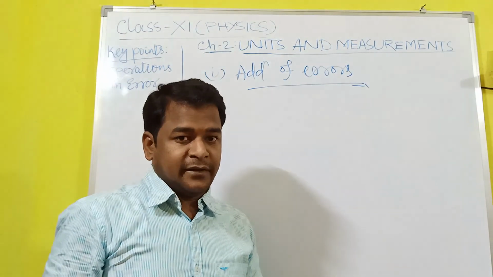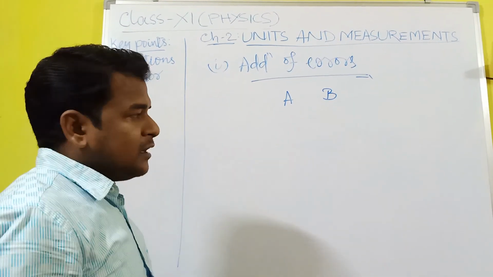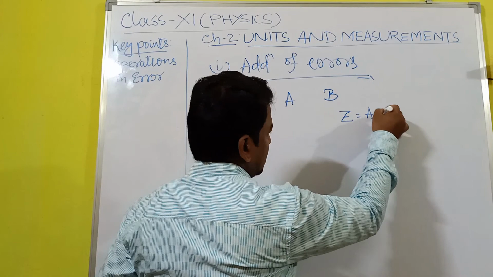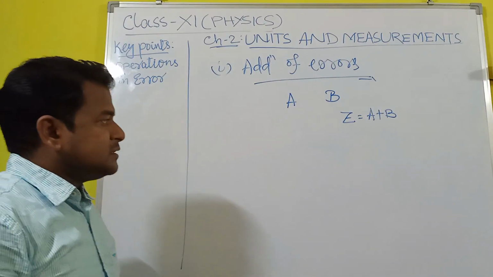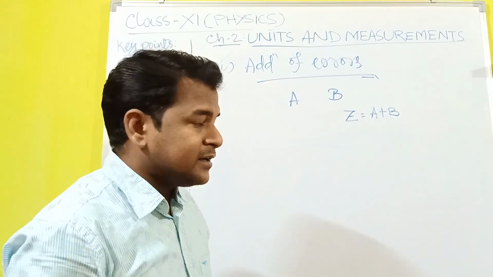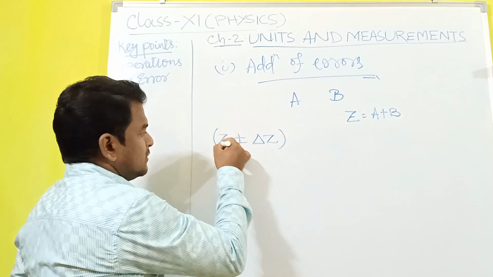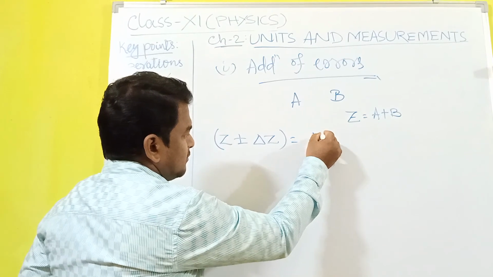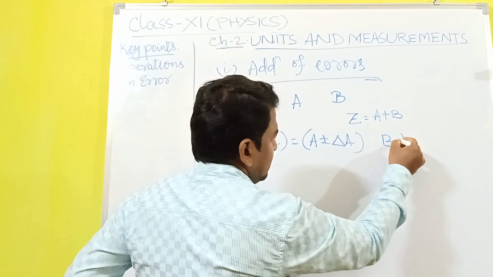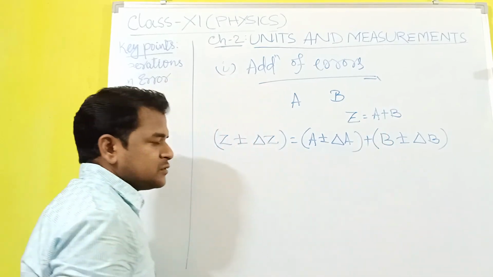Suppose two values are given, A and B, and now suppose their resultant is Z. Z equals A plus B, the resultant of the two values A and B. Now in the error format we can write Z plus minus del Z equal to A plus minus del A, B plus minus del B. Plus sign is there, so plus.